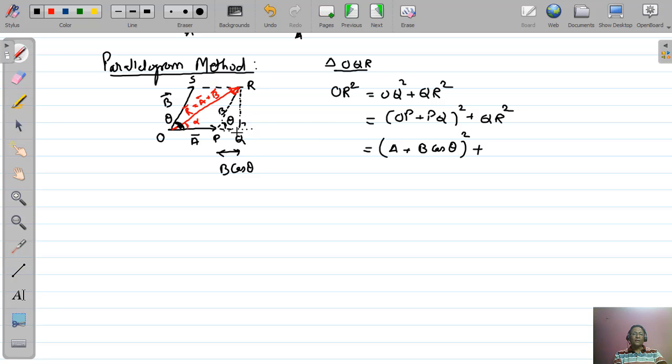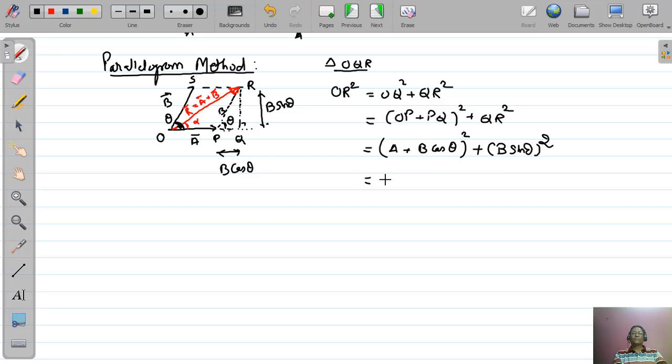Another one is QR. Again, using this right angle triangle PQR, this side will be perpendicular over hypotenuse equal to sine theta. That means it is B sine theta. So we can write here (B sine theta) squared.